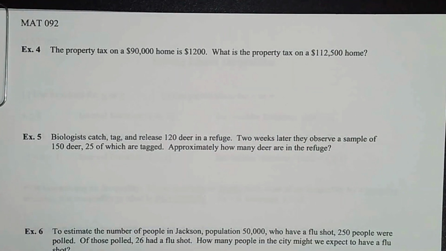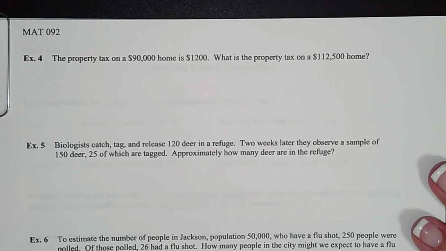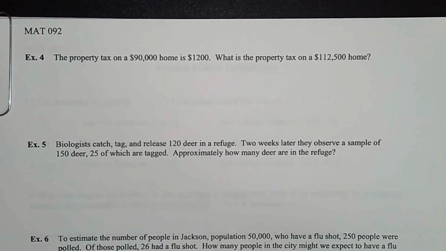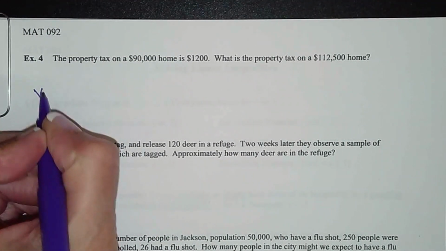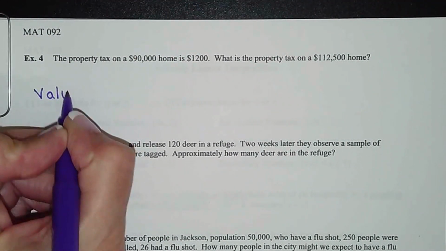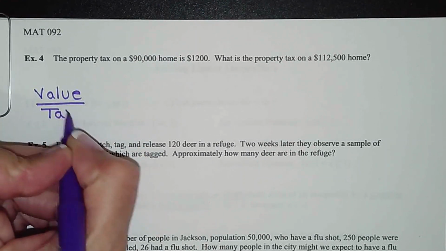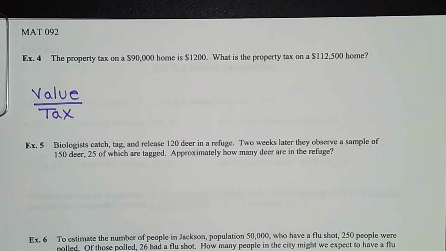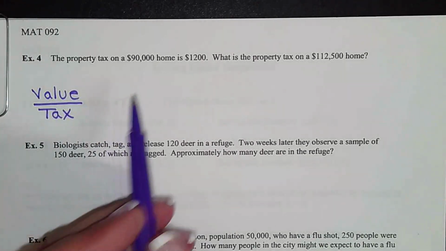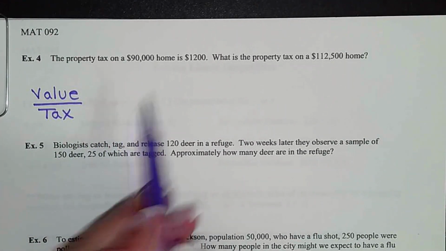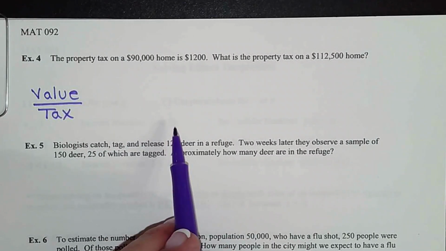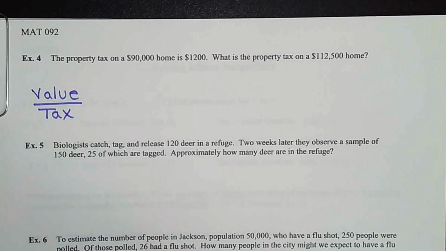So the first thing I have all my students do, no matter what level it is, I have them write how they're going to set up the proportion. So value over tax. And you could have written tax over value, but what matters with proportions is that you're consistent. And so a lot of students think, oh, I just write it in the order of the problem, and they go 90,000 over 1,200 equals X over 112,500.